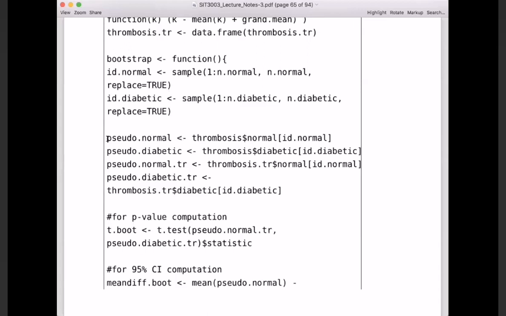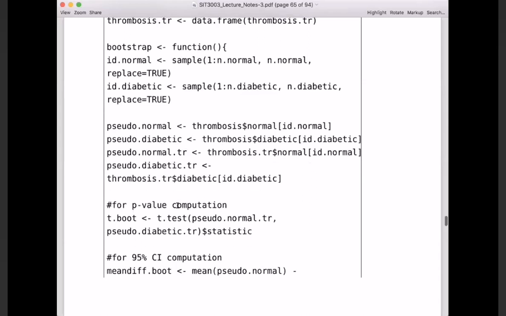So the first thing is the pseudo sample for the normal group. I take thrombosis normal, this is ID normal. And for the diabetic group, I have this one. So this part here, I lift out those that have been transformed, and over here, these are the transforms as well for the diabetic group.